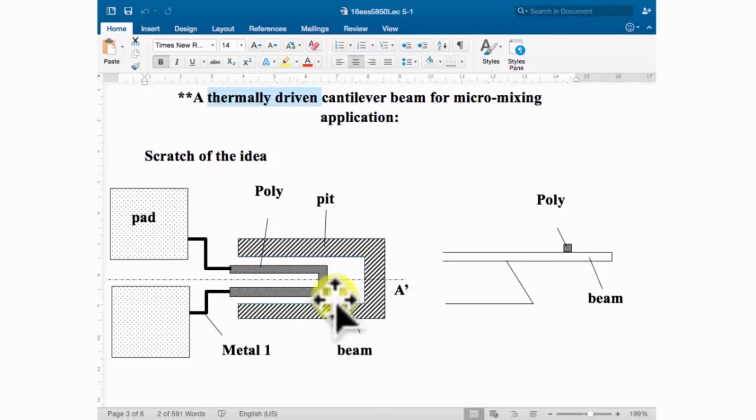When we heat up the substrate, because of the thermal expansion coefficient mismatch between the polysilicon and the silicon nitride, for example the polysilicon is not as extendable as the silicon nitride, when you heat it up silicon nitride will extend more than polysilicon. So the cantilever will curve up.